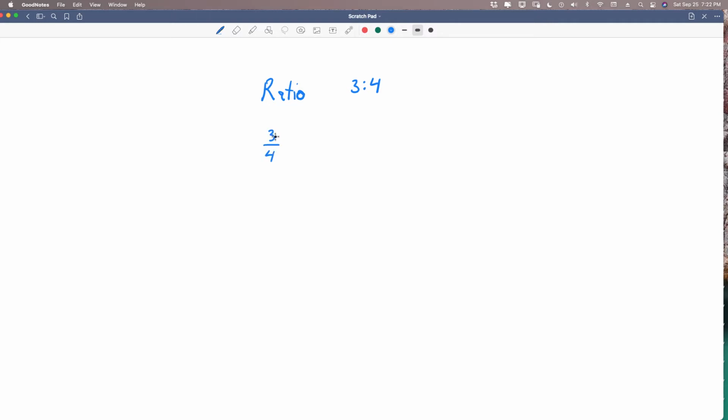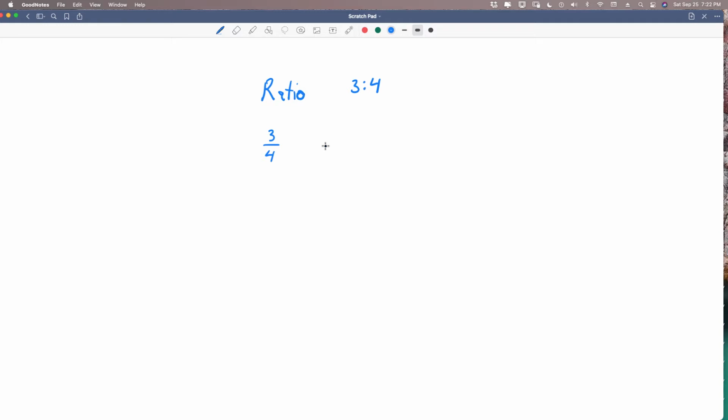And that literally means for every 3, there's 4. 3 to 4, or 3 per 4. So we say that we have written the fraction 3/4, but actually all fractions are ratios.